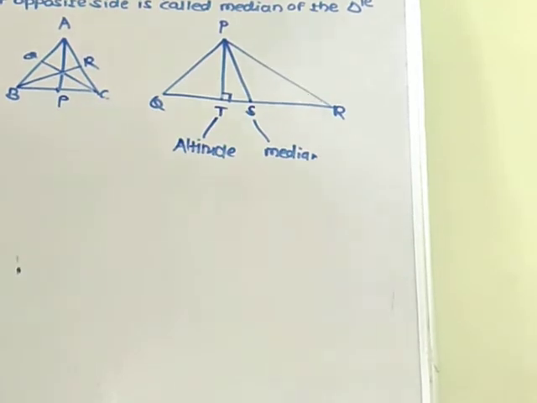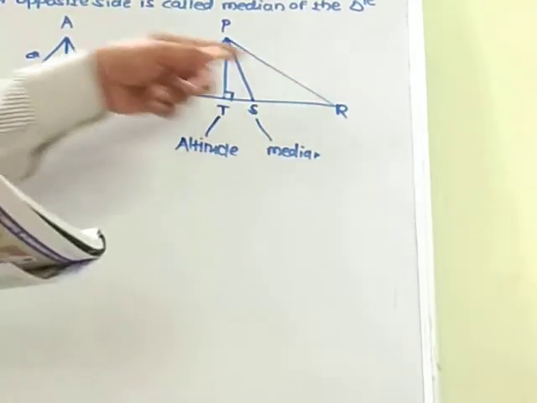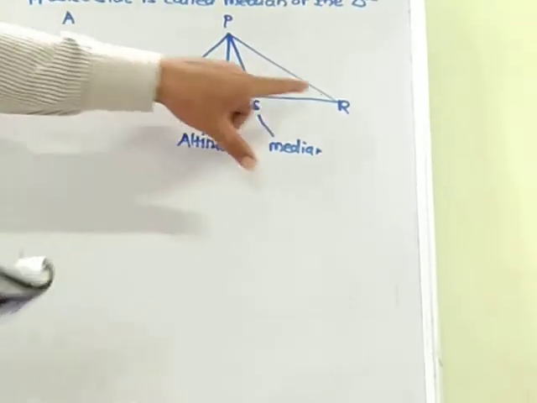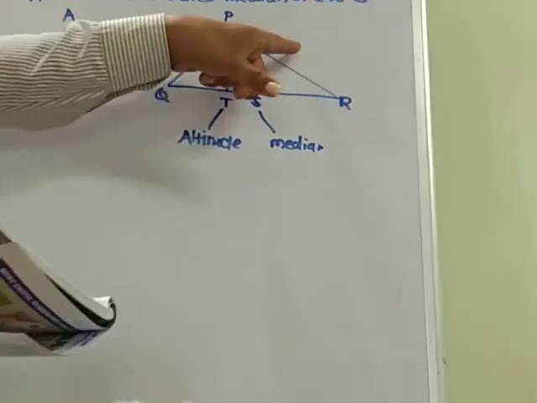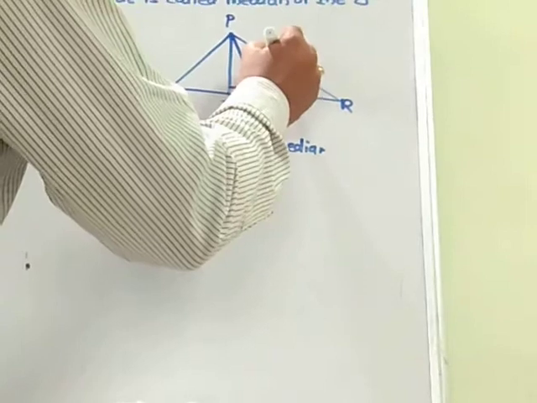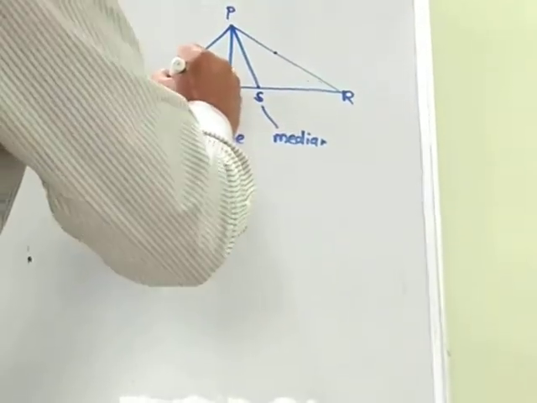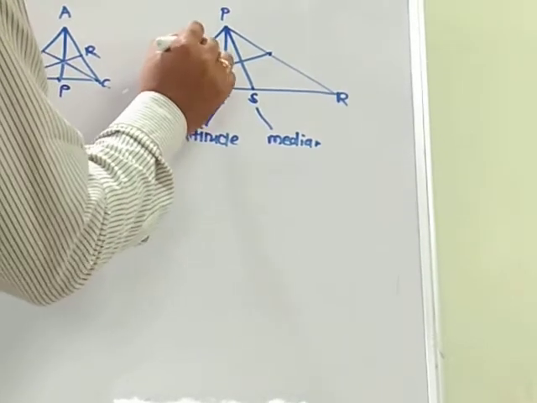In a similar way, a triangle has three medians. From this vertex you draw a median to this side, from Q you draw a median to its opposite side, like this. This is the central part, suppose.